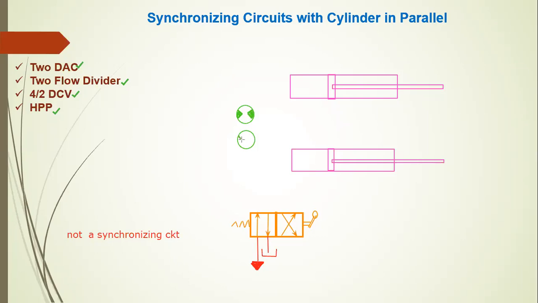This is the symbol for a flow divider, like a bidirectional hydraulic motor. This symbol is also known as a bidirectional hydraulic motor. Then give the names for the two flow dividers. Here is cylinder 1 and here is cylinder 2.